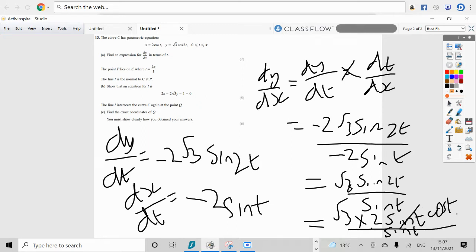You'll see that those sines will go. So I just get 2 square root 3 cosine of t. Okay, and that is part A.